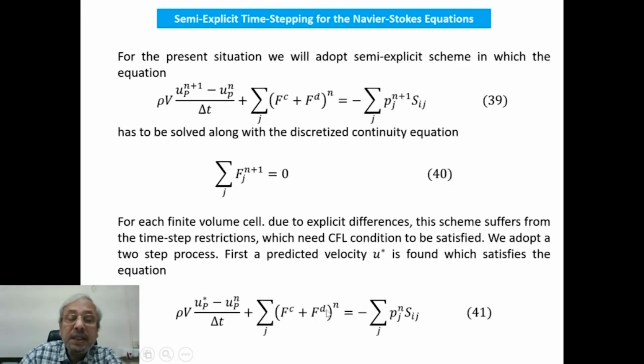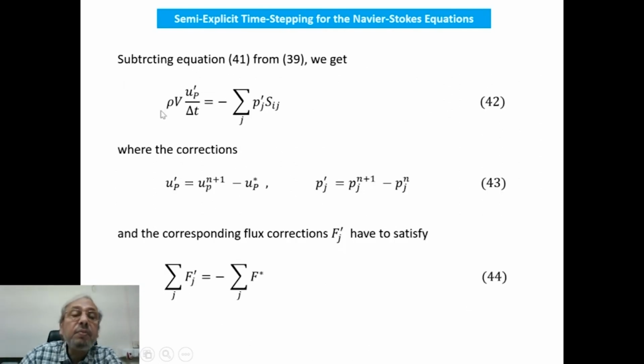So this is basically the equation that we are using to calculate provisionally advanced velocity quantities. And the difference between these two equations, you can see, we can write in symbolic form.